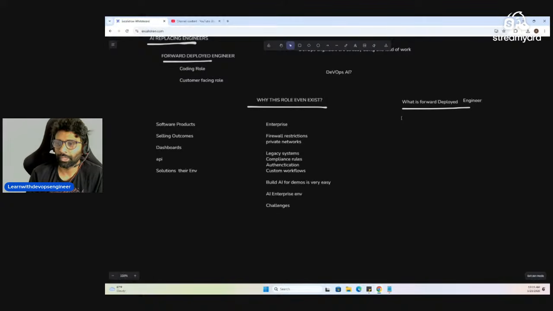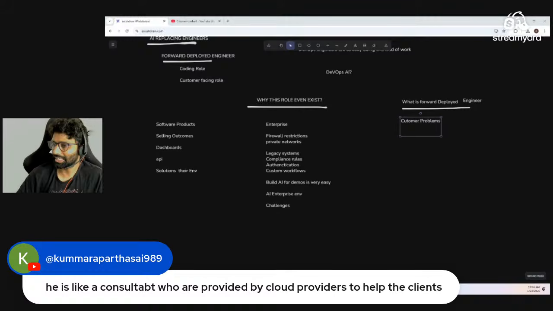So a forward deployed engineer is basically a person who works very close to customer problems. Someone was mentioning customer facing role, and someone who knows full stack, DevOps, communication. Another comment says he's like a consultant provided by cloud providers to help the clients.